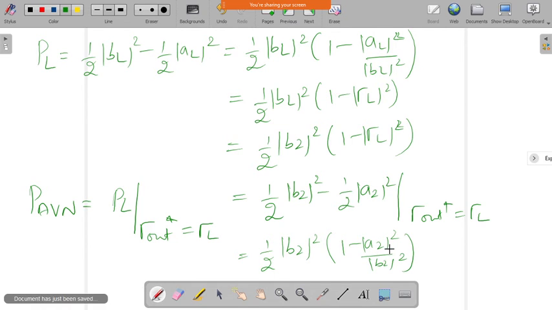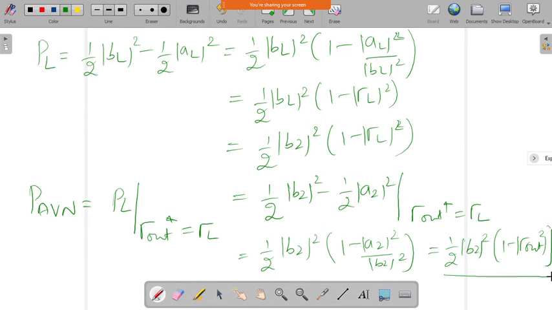We can write this as gamma L, so gamma out square, because we defined it at the output side, and we get B2 square into 1 minus gamma out square. Since I am taking only the magnitude, we can replace gamma L with gamma out.